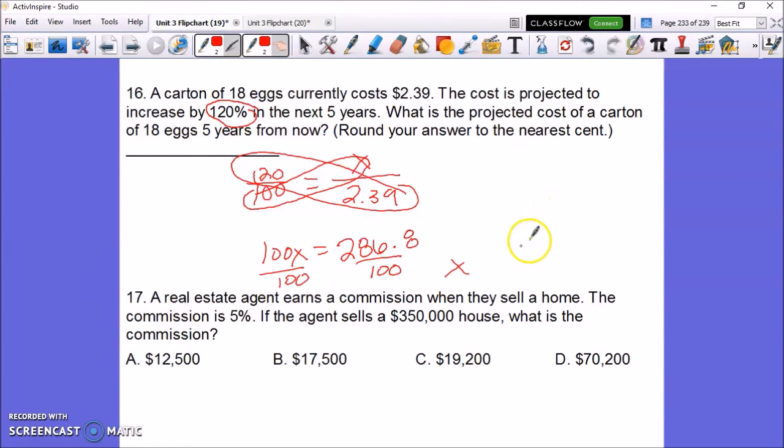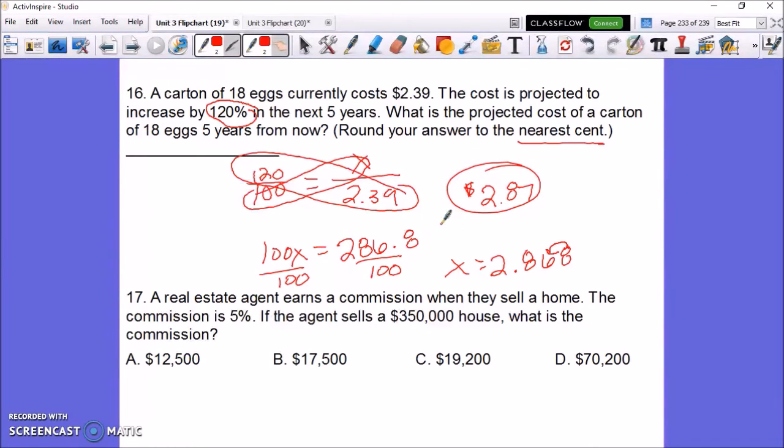And x is going to be equal to 2.868. We need to round to the nearest cent. Cent is 2 decimal places. Because this number is greater than 5, it's going to push that up to a 7. So it should be $2.87. That is your answer.